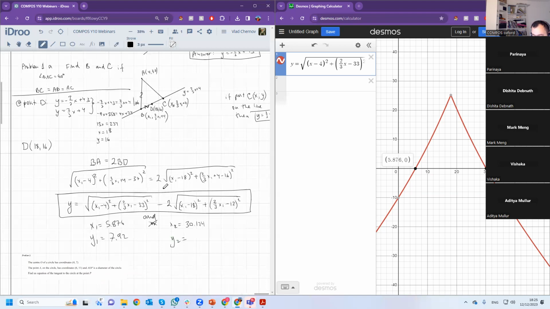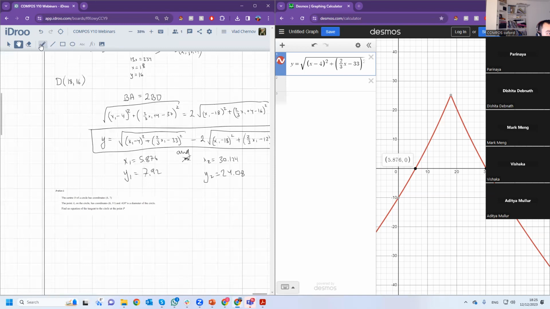You just use the other value, 30.124, and that gives 24.08. And therefore you have found the coordinates of point B, and this is the coordinate of point C.